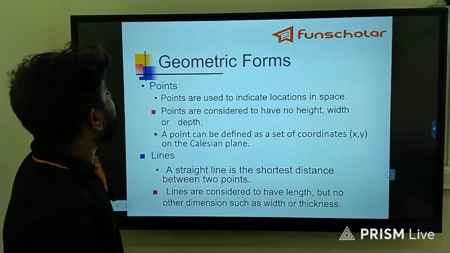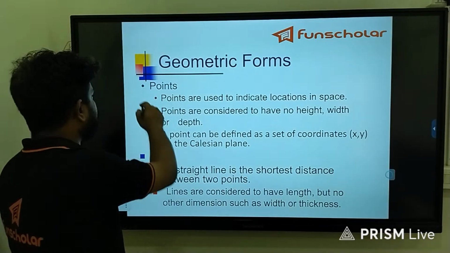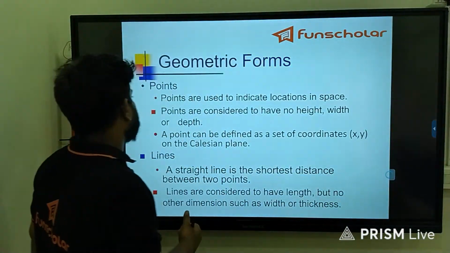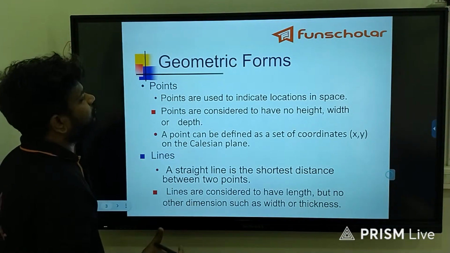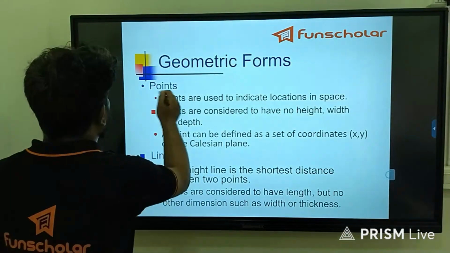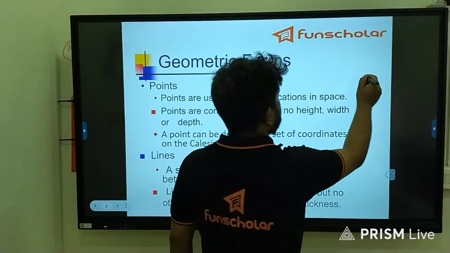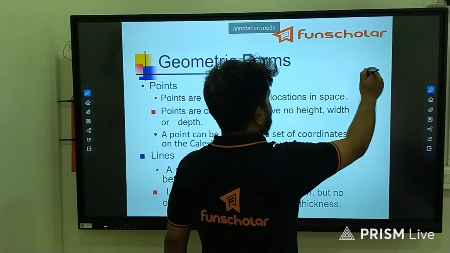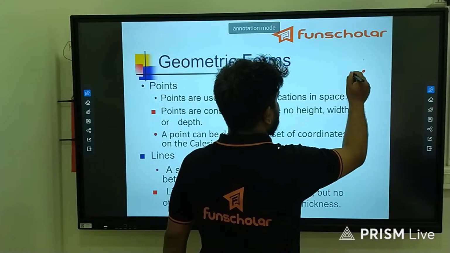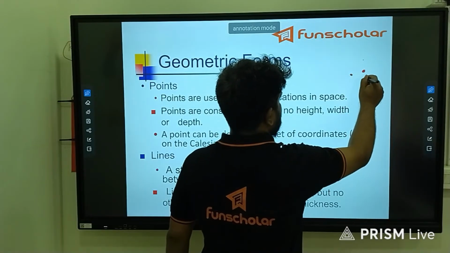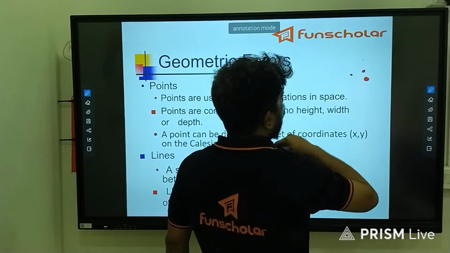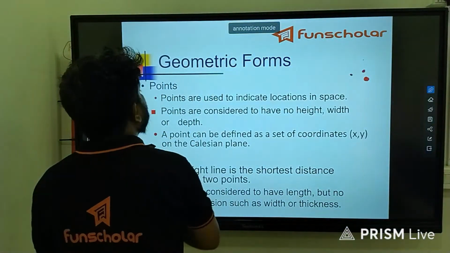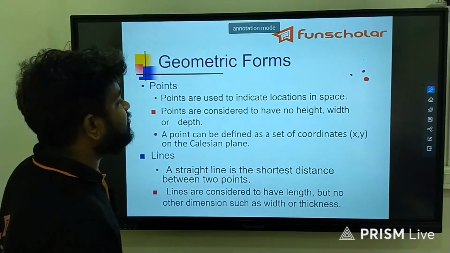Okay, geometric forms. So before learning how we can draw images, let's recap all the geometric forms that we have learned. Like points. What do points mean? Like this one will be considered a point. It can be like this, a very big one like this. All are considered points. Points are used to indicate locations in space.